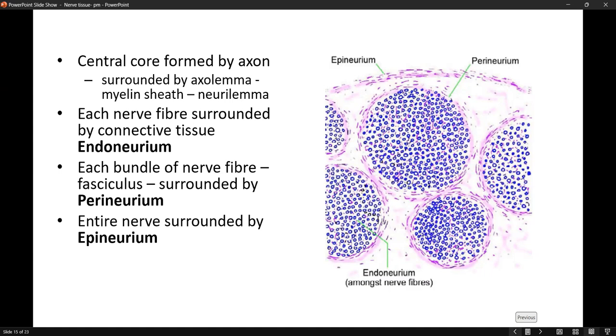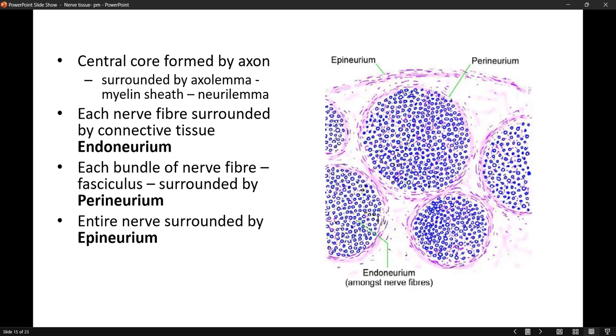That is one classification of neurons. And the connective tissue that supports them is called neuroglia. These are supporting cells like astrocytes, oligodendrocytes, Schwann cells, and microglia. These are all connective tissue neuroglial cells.